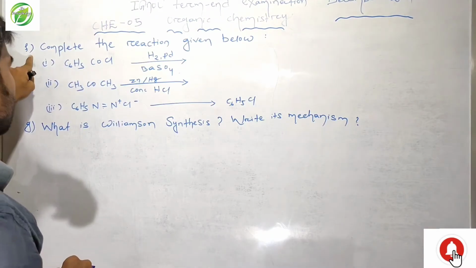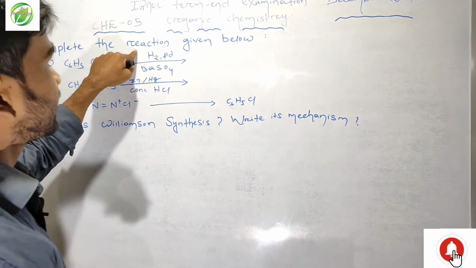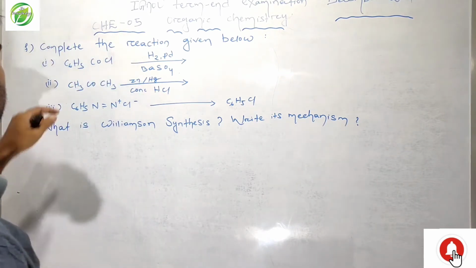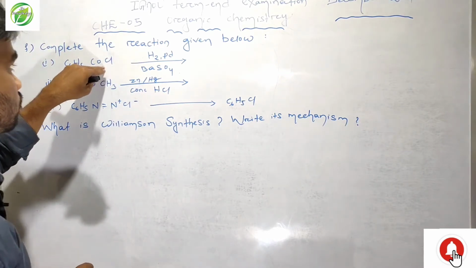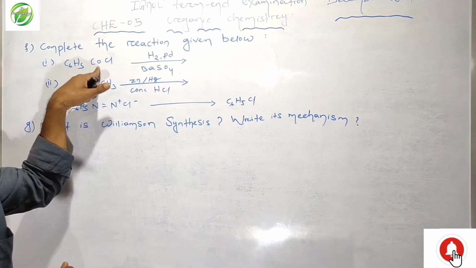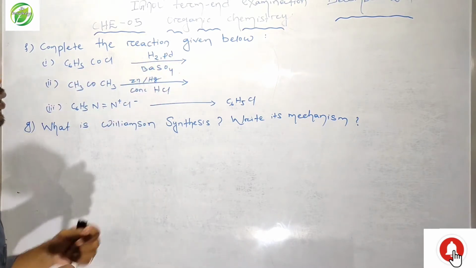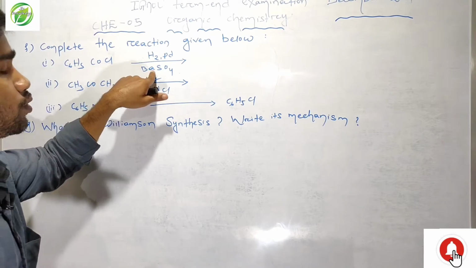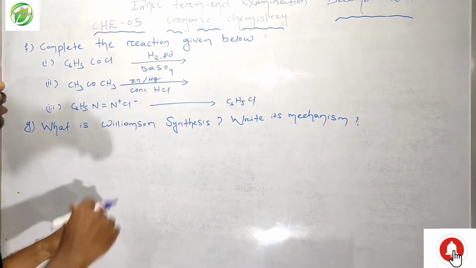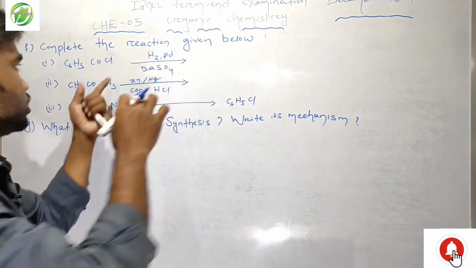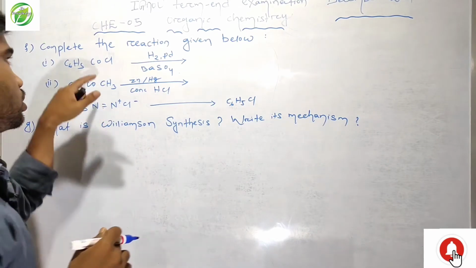This is question number F. Complete the reactions given below. This is an acid chloride. Friends, when an acid chloride reacts with H2 with BaSO4 and palladium, this reaction's name is the Rosenmund reaction.